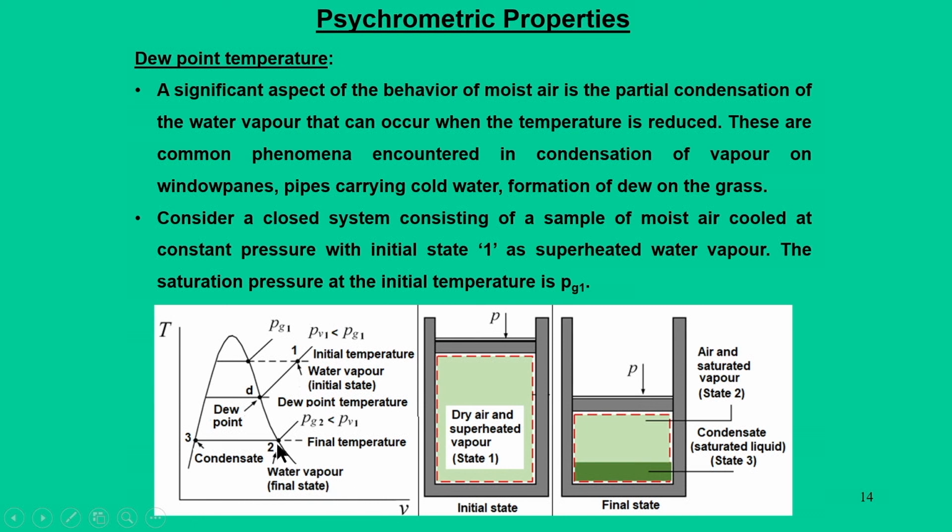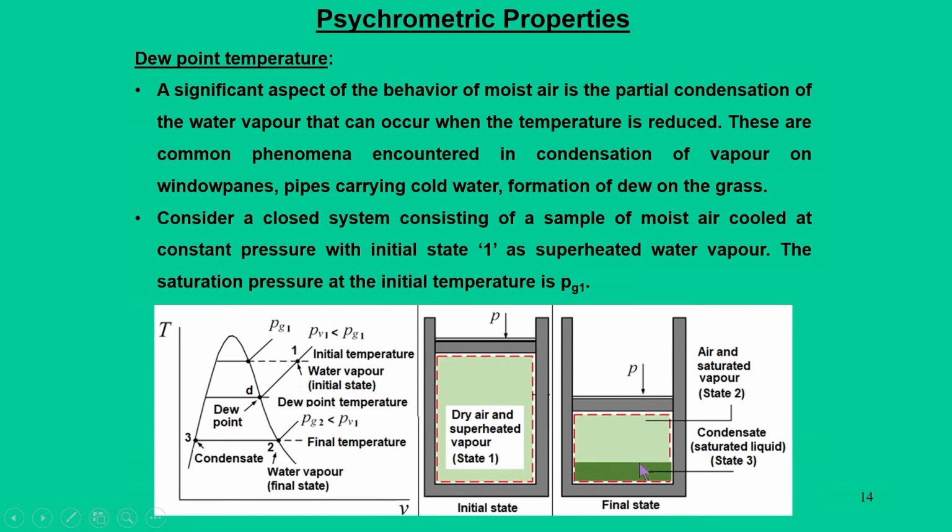So, when you reach the final state 2, we have started with an initial temperature T1 and finally reach a final temperature T2. But if you look at the actual composition, there are two stages. In one, at state 2, we have dry air and saturated vapor mixture at this point 2.